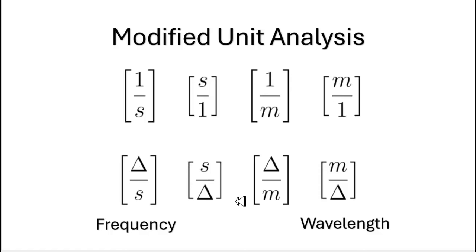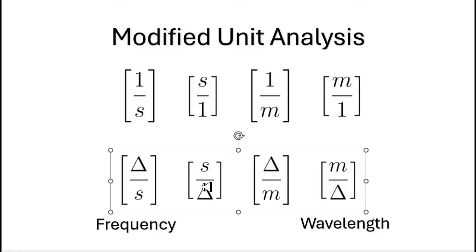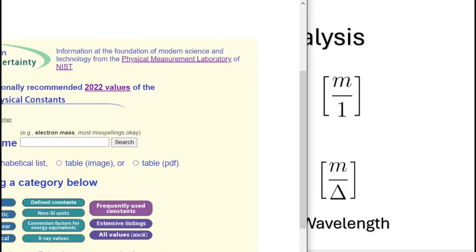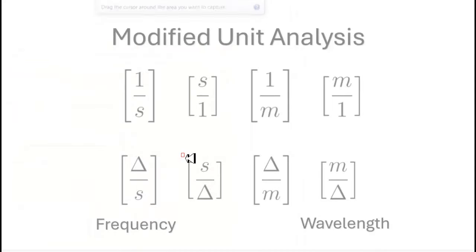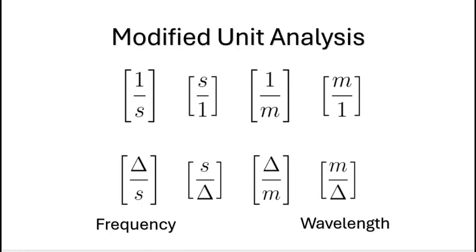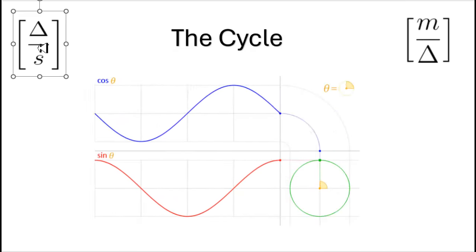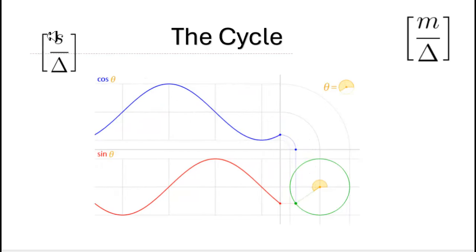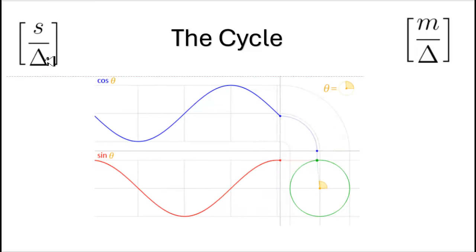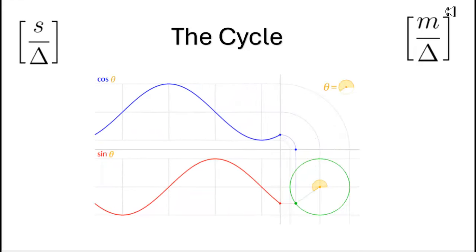So in fact, this is what I really want to focus on. I'm going to remove that, and I'm going to put this here, because really I want to look at this: the seconds per cycle, and this is the meters per cycle.